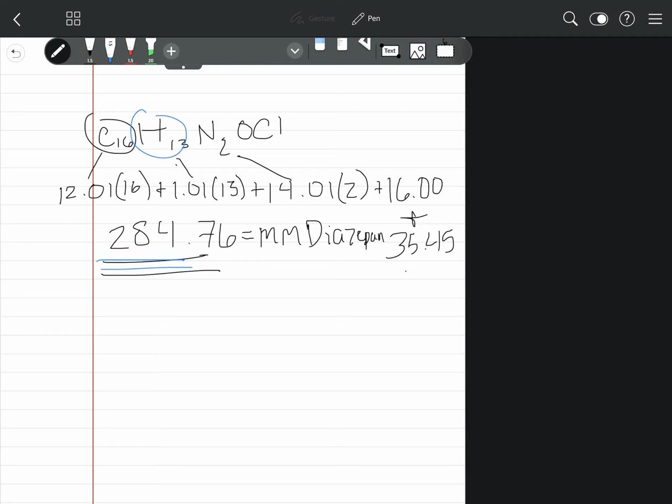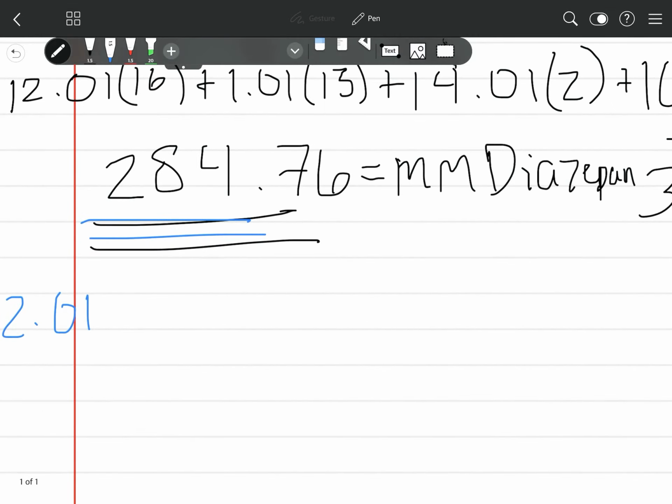So C16, let's go back to carbon. 12.01, let me zoom in, times 16 equals, I don't remember, 180? 12.01 times 16 is going to be 192.16.